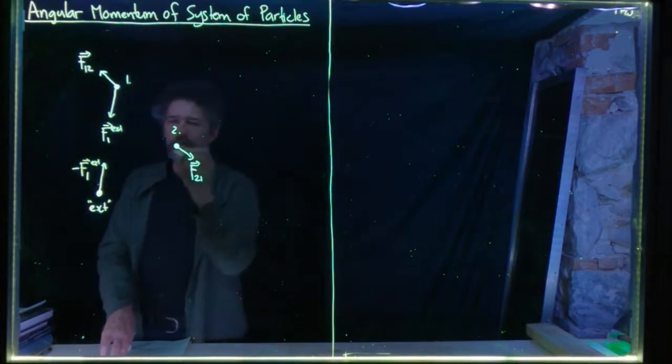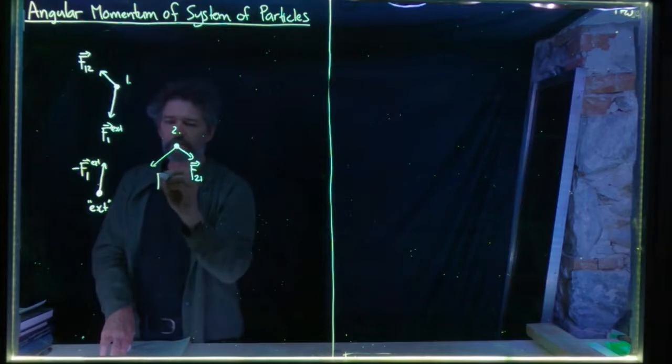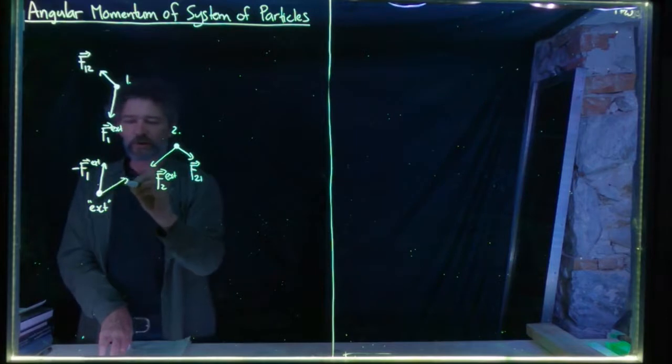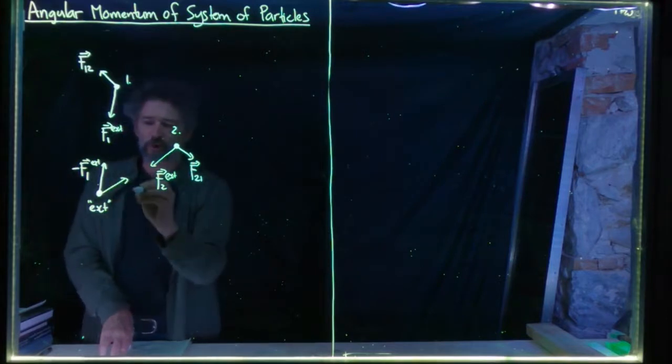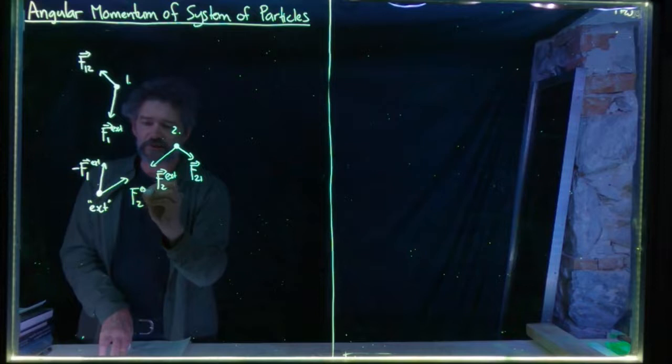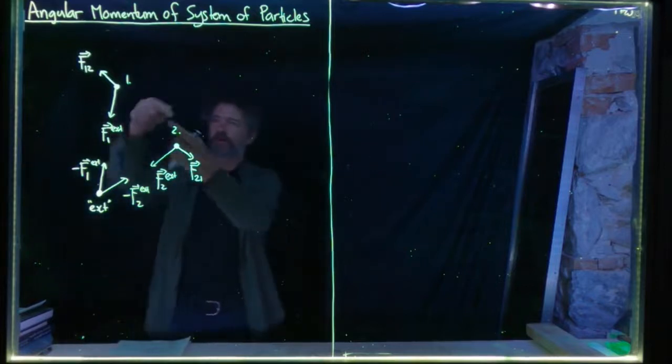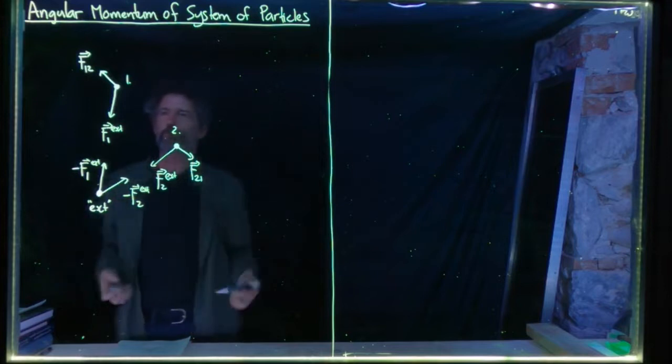Similarly, the external particle exerts a gravitational force on particle number 2, so that's F2 external. And then particle number 2 will likewise exert a gravitational force on the external particle, which is exactly the same vector, but opposite sign. Okay, so we have 3 Newton's third law action and reaction pairs of forces.